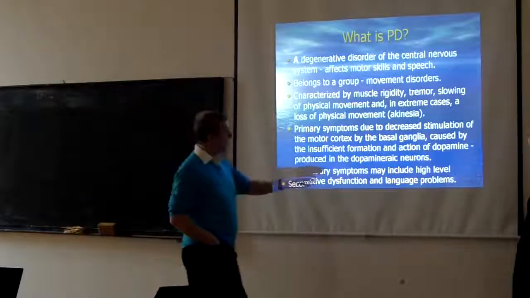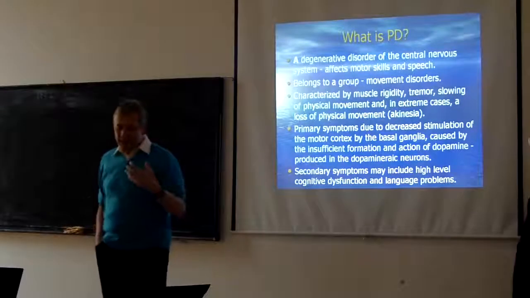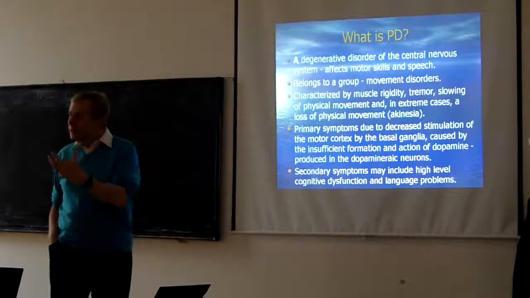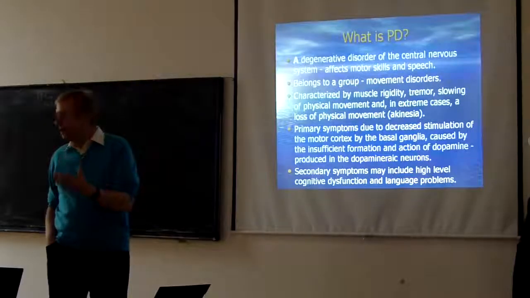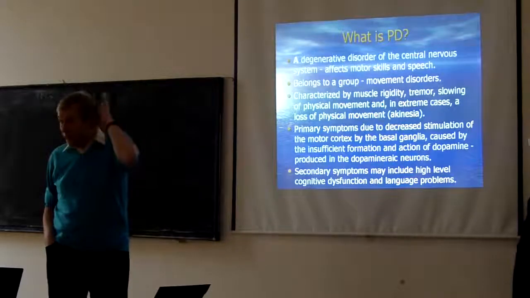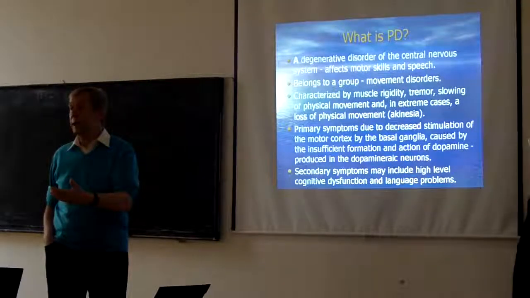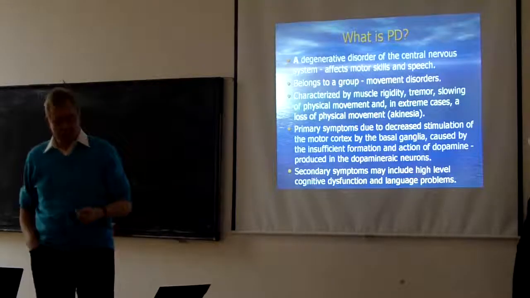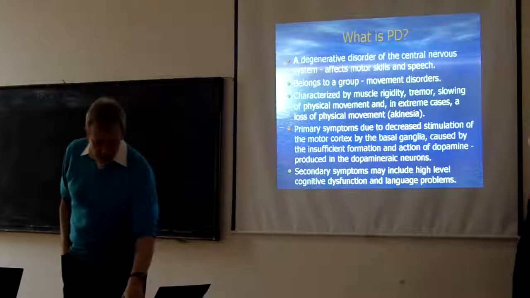And one that does occur, language problems, in the sense that typically the person may be speaking to you, but you can't understand what they're saying. As far as their brain is concerned, their words are coming out okay, but it's very, very difficult to understand them. So things like that are typically the secondary symptoms.